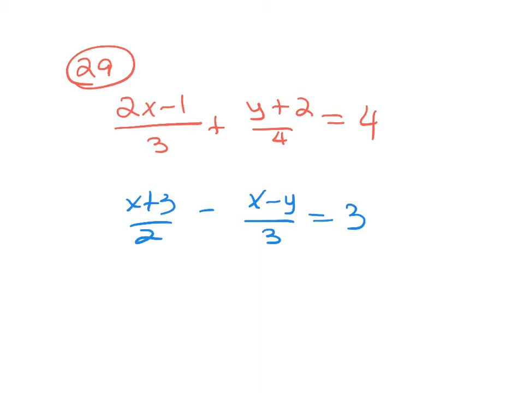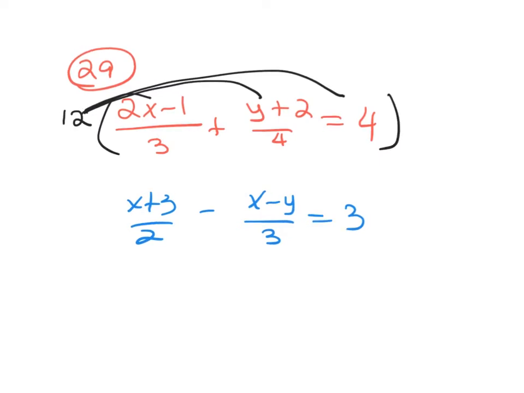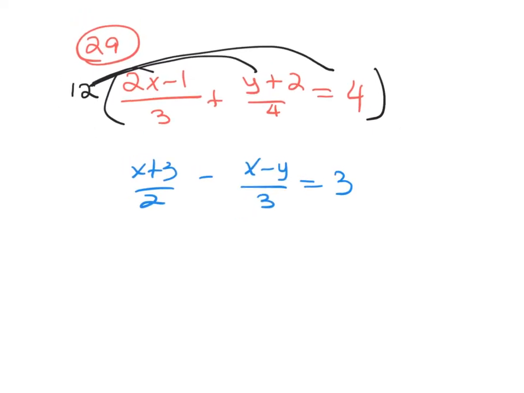So what I'm going to do is my first equation up here, I'm going to clear the fraction by distributing the common denominator of 12 to all three pieces. So my new red becomes, when I distribute it here to the first one, this becomes a 4 that I distribute.